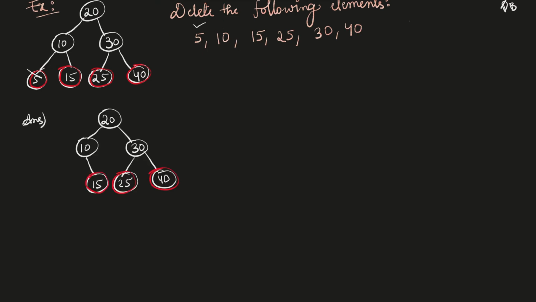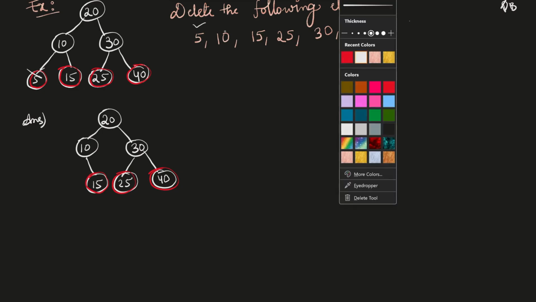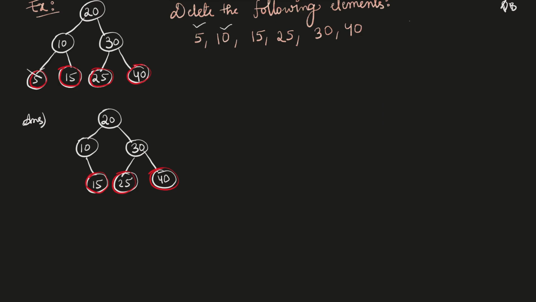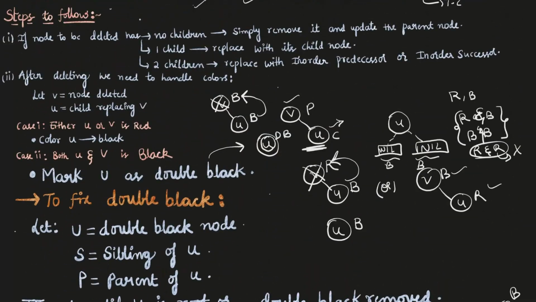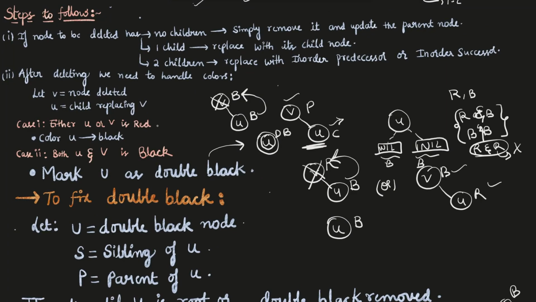So I'll draw it again. Now the next element to delete is 10. It has one single child. It is the first case, which shows that either U or V is red. What you do is simply color U black.